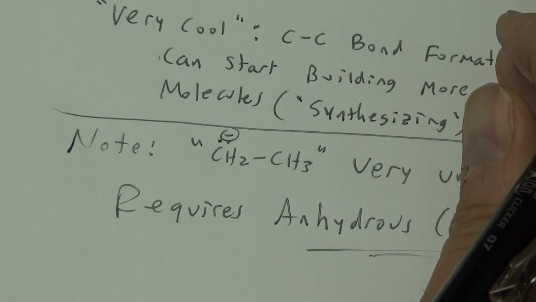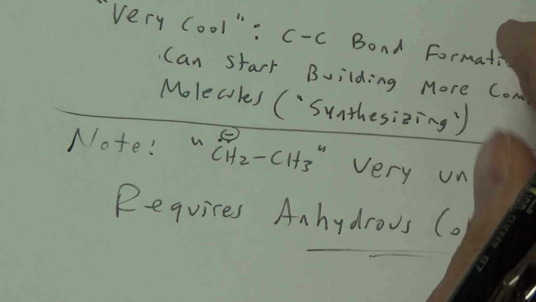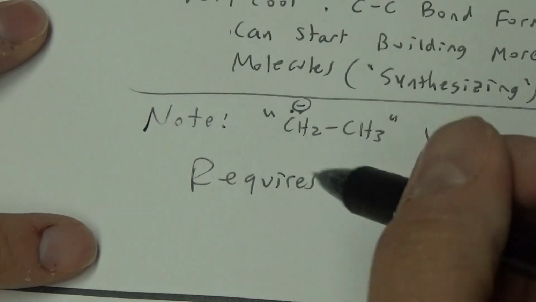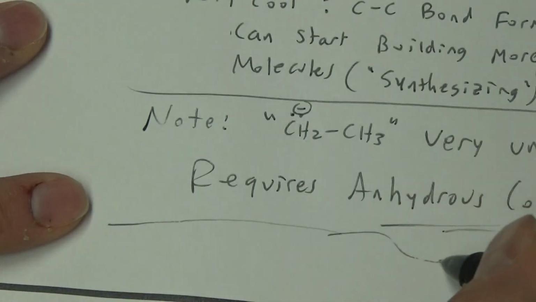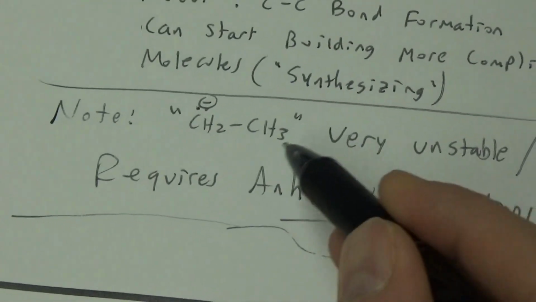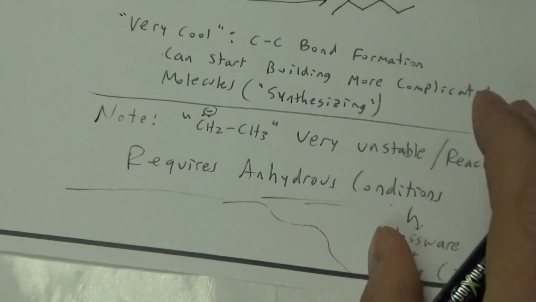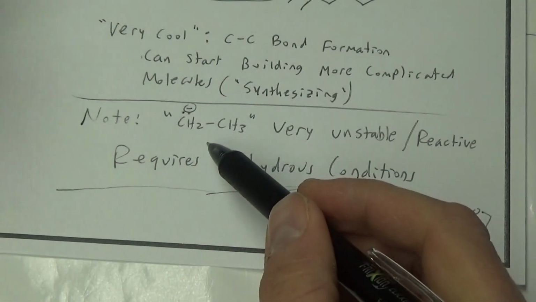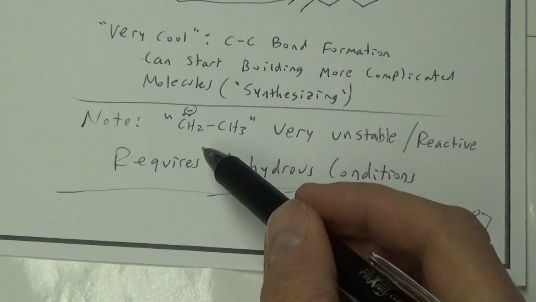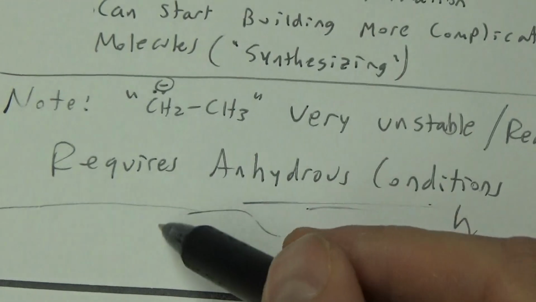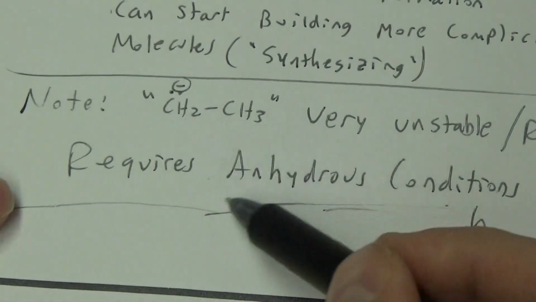So the other thing is that even though these are very unstable and reactive, like ethyl minus and stuff, we can still make them pretty easily, and it is a doable thing in the lab.